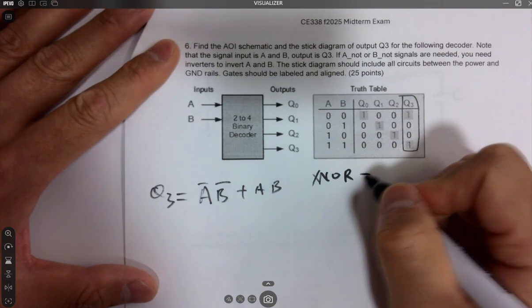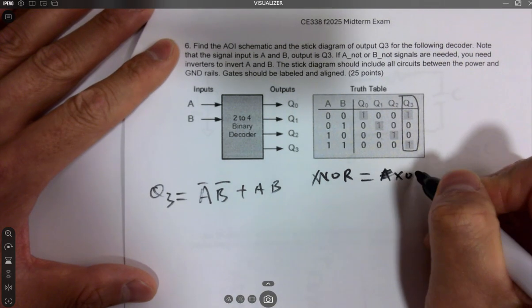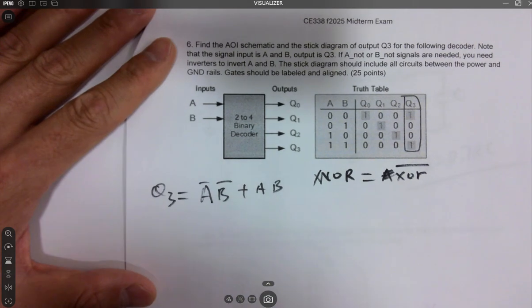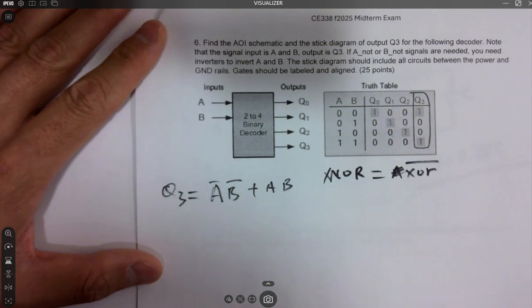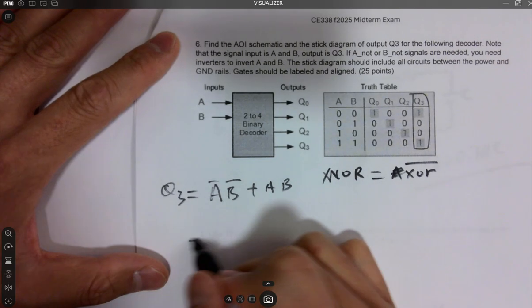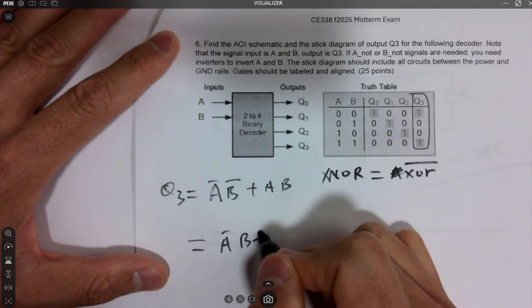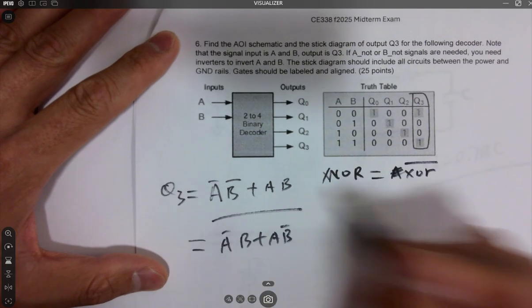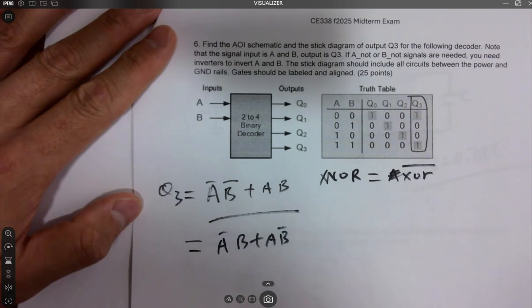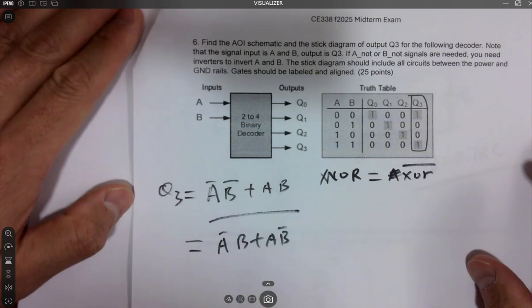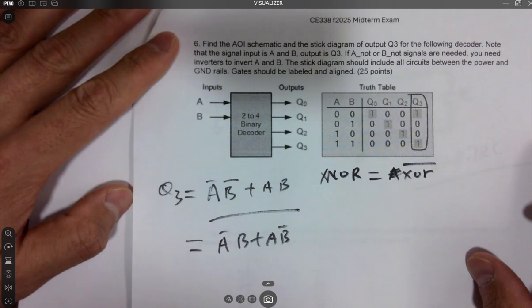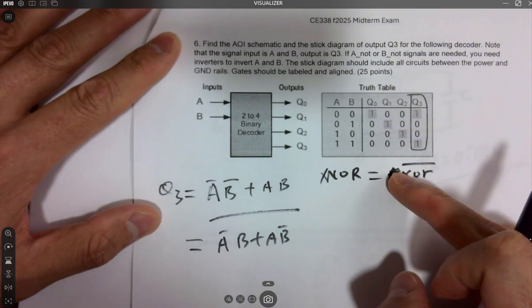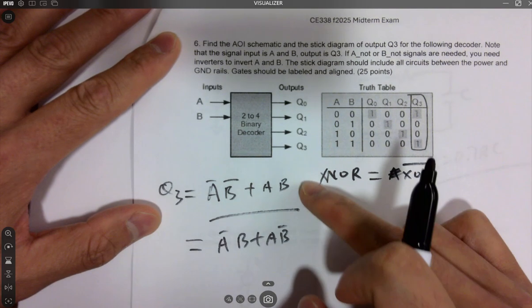And XNOR is XOR not. You need to know that. So this is A not B or A B not. This should be a 2 second thing during the exam. You can save a lot of time, from this to this. If you know this to this, it will be very simple.